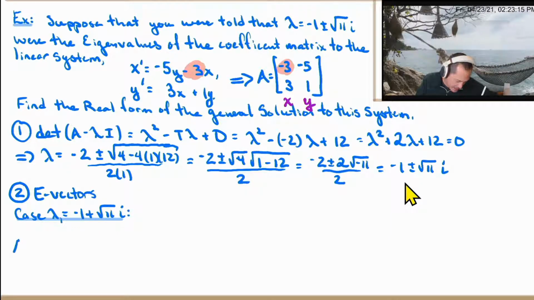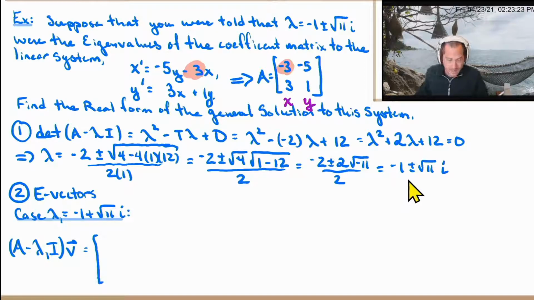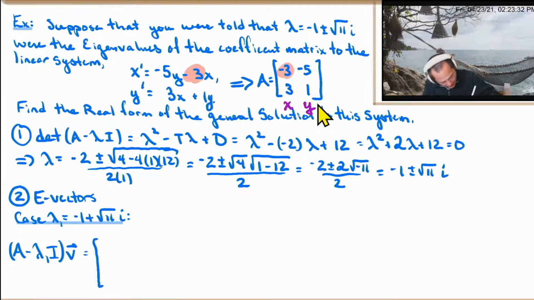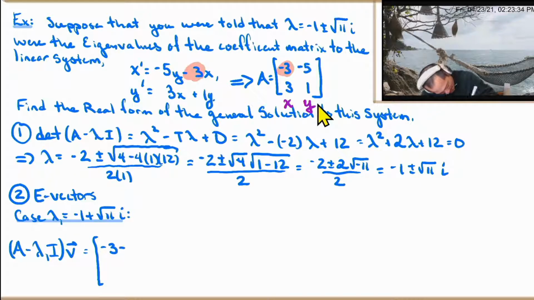And so I'm going to get A minus lambda 1 times the identity matrix times the V vector is going to be equal to, okay, I take my A matrix and off of its upper left to lower right main diagonal, I subtract my lambda. So I have a -3 minus parenthesis. Put a parenthesis right here.